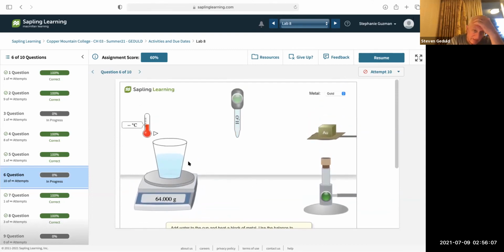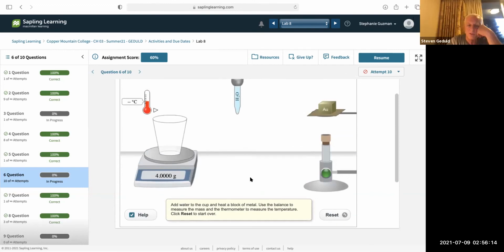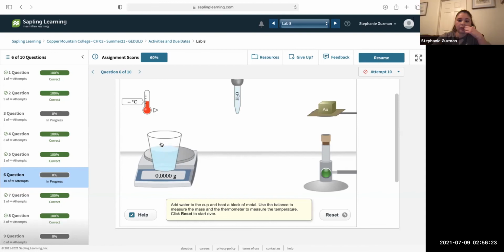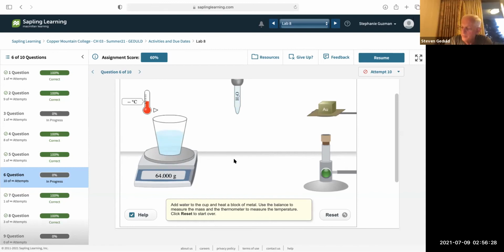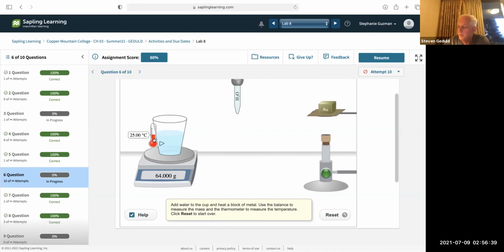You have to measure the cup first, without the water. Okay, so measure the cup. It's 4.00 grams, right? Yeah. Now take the cup off, fill it with water, and measure. 64. Okay, so you have 60 grams of water, right? Right. Okay, so take the temperature of that. It's 25 degrees centigrade.